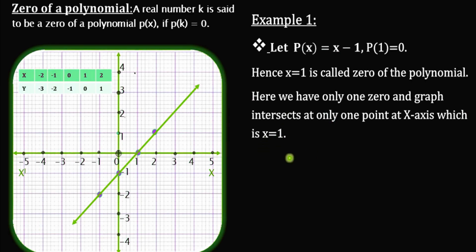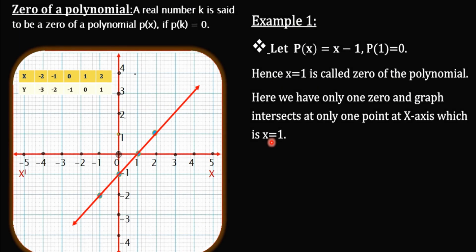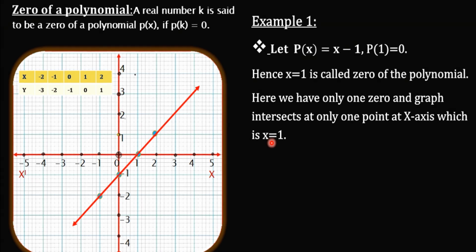So what is the 0 of the polynomial? What is the geometric meaning of the 0 of the polynomial? If we draw the graph of that polynomial, the x-axis will intersect that graph at the 0 of the polynomial.